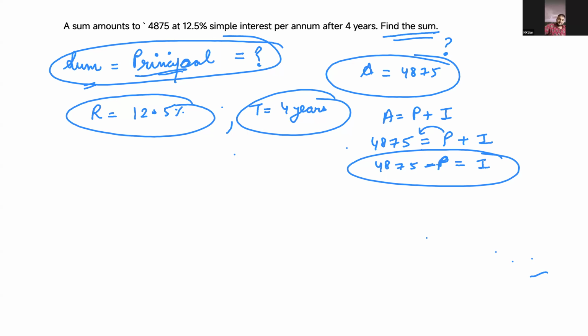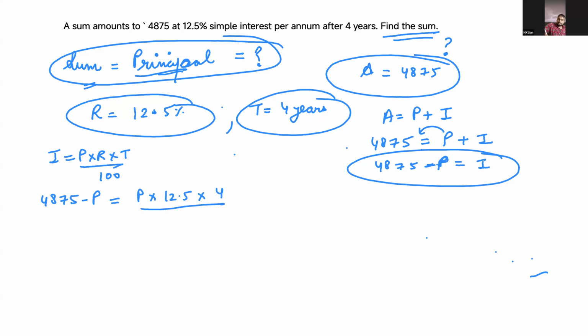Okay, so now we have the formula I is equal to P into R into T upon 100. Now interest is 4,875 minus P is equal to P, which I don't know, into R, which is 12.5, into T. What is time?